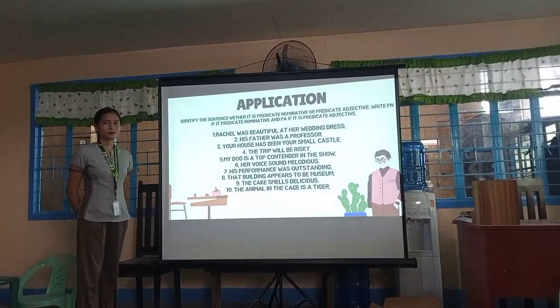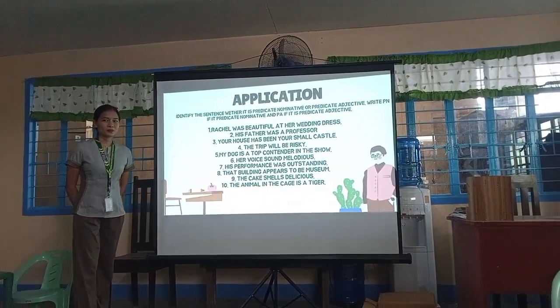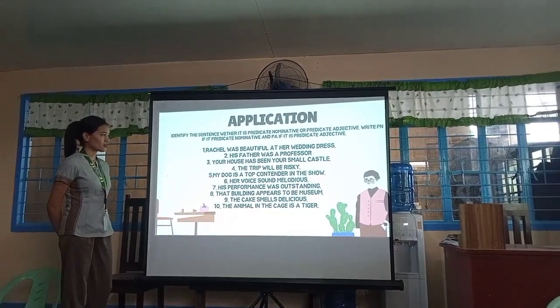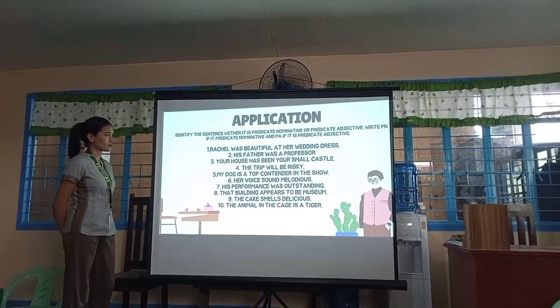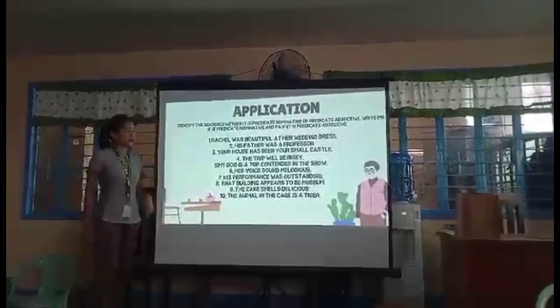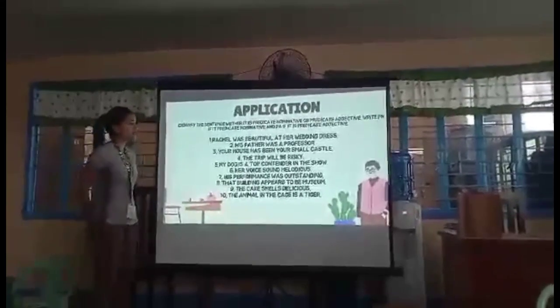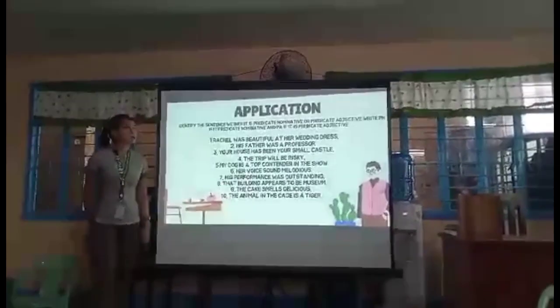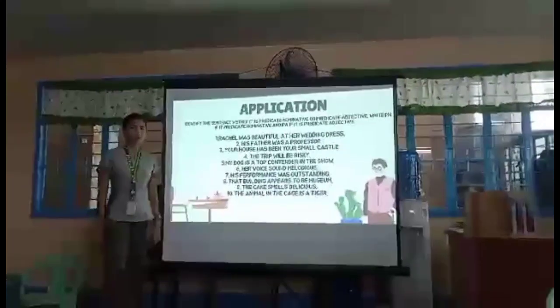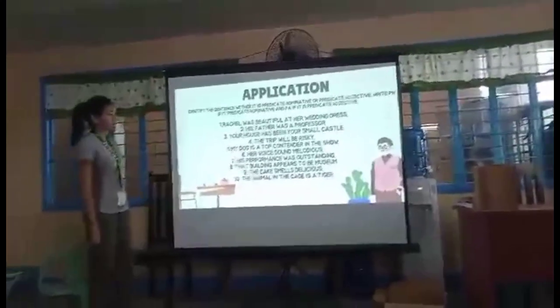So the trip is the subject and will be is the linking verb, and risky is the predicate adjective that describes the subject, which is the trip. Yes, you're correct. Let us proceed to number 5. My dog is a top contender in the show. Is it PA or PN? Mr. Hassan? It's PN, ma'am. Correct. That's PN.